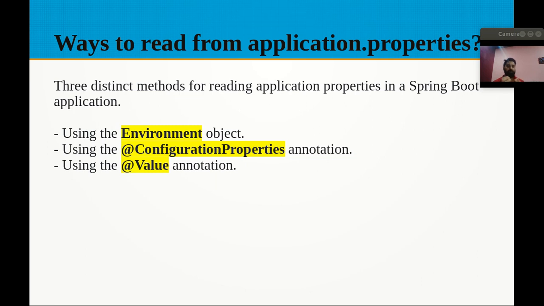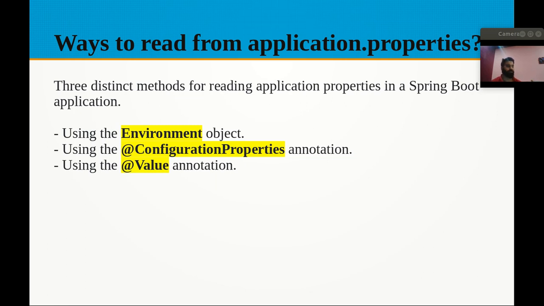All the properties of this class will be the same as the properties defined in the application.properties file, so that it will match. Then we create the getter and setter methods for this POJO class, and with the getter methods we access the properties. We are going to see how to implement this.